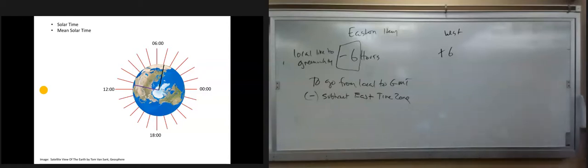Now, to go from local to Greenwich, what did we do with the Eastern 6? We subtracted it. To go from local to Greenwich in the west, what did we do with the 6? We added it.